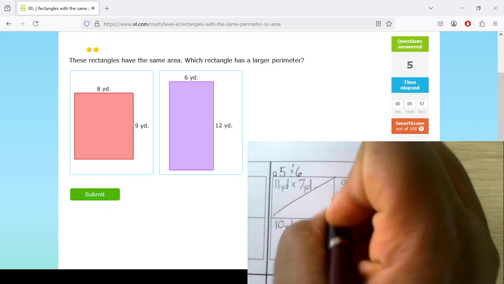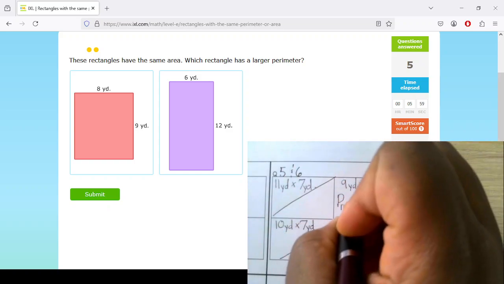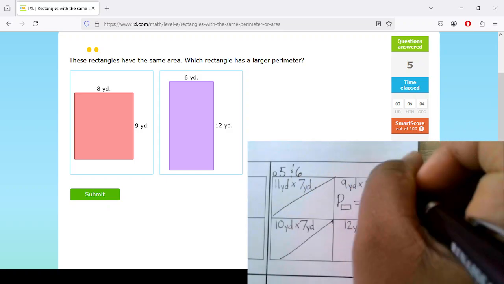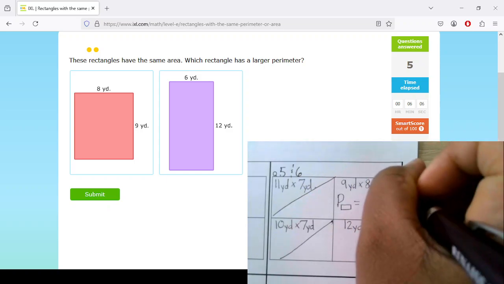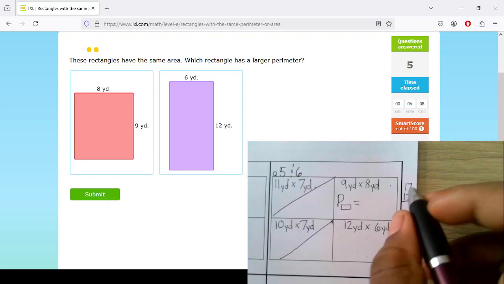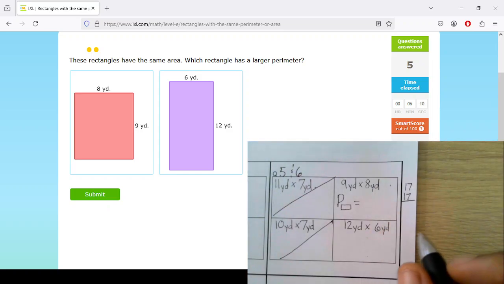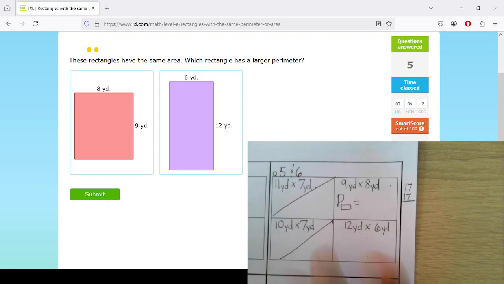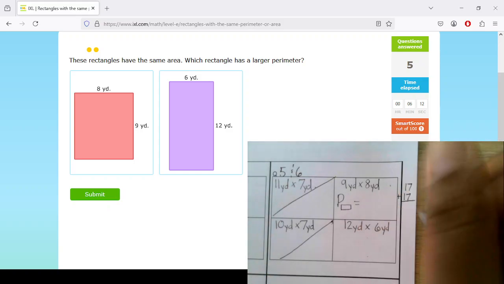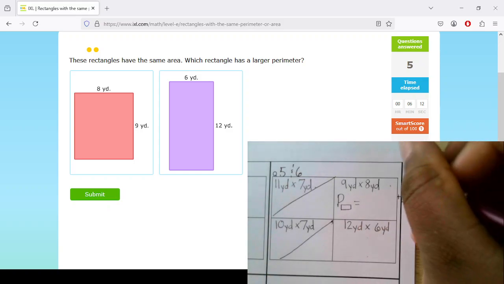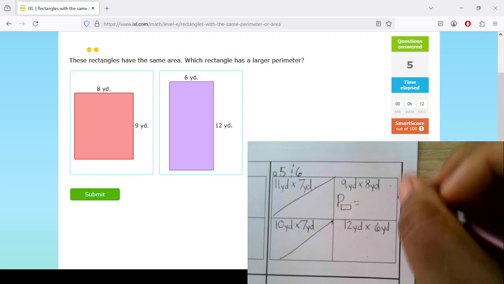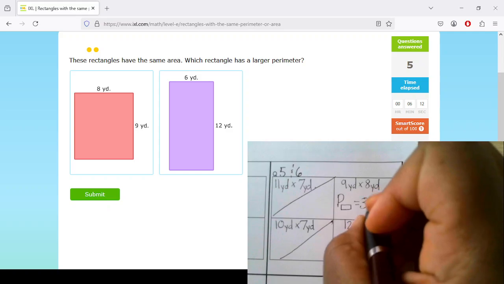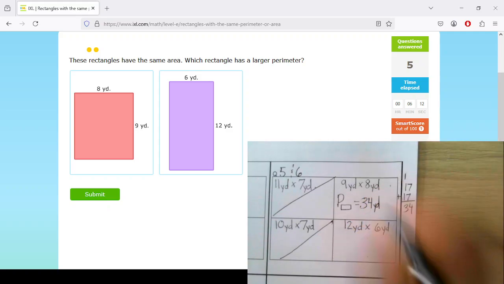So the perimeter of my 9 by 8, 8 plus 9 is 17, 17 plus 17 is 34, but if you don't know that, just do a quick little side calculation. I said find the perimeter without writing it all out. I didn't say find the perimeter without writing anything. 7 plus 7 is 14. 10, 20, 30. So that's 34 yards.